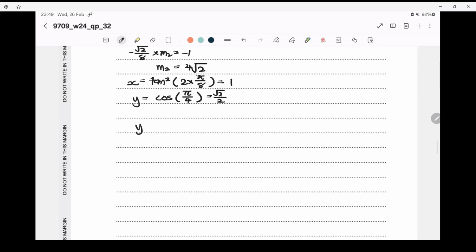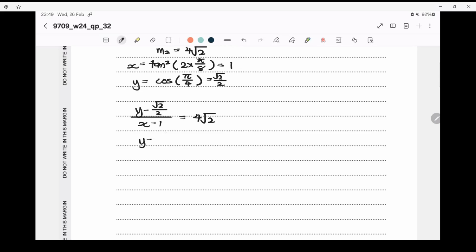Finally, y minus square root 2 over 2 divided by x minus 1 is the same as 4 square root 2, or y minus square root 2 over 2 is 4 square root 2 x minus 4 square root 2, and y will be 4 square root 2 x minus 7 over 2 square root 2. So that is the equation of a normal.